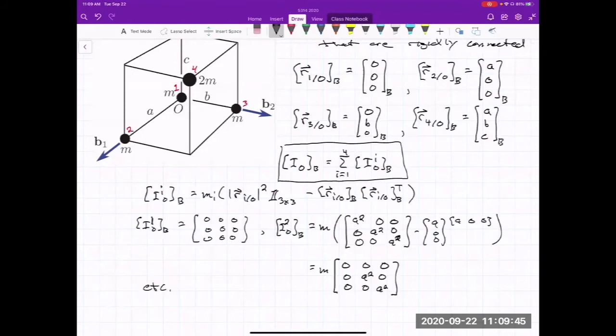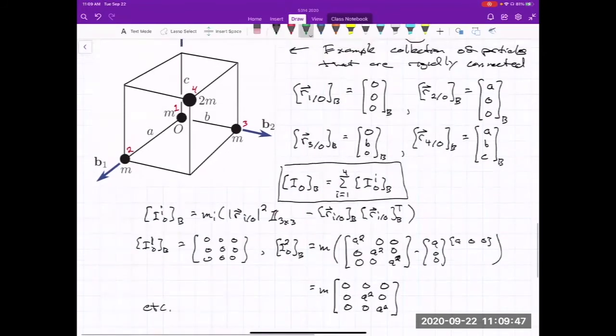If you wanted to get the moment of inertia about the center of mass, you'd first need to calculate where the center of mass is.